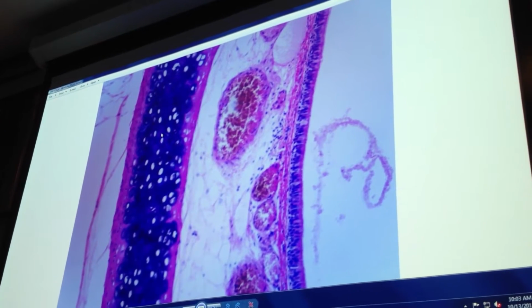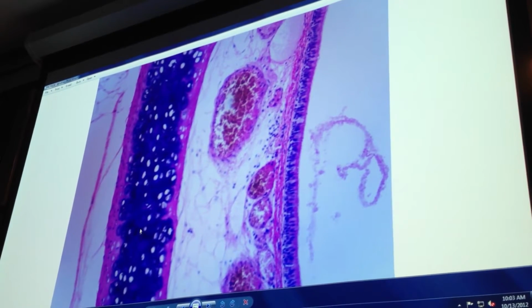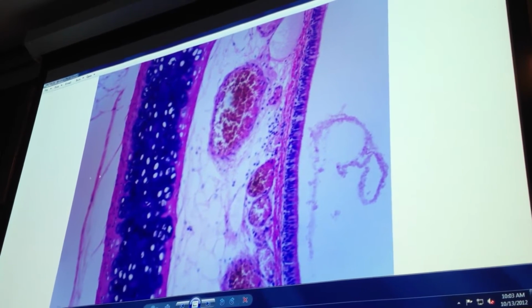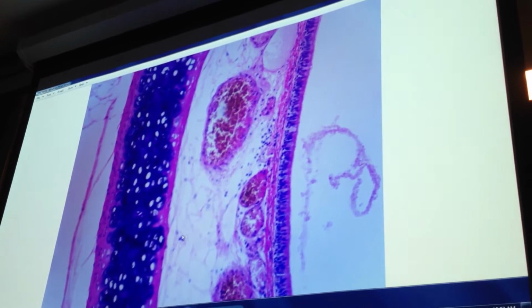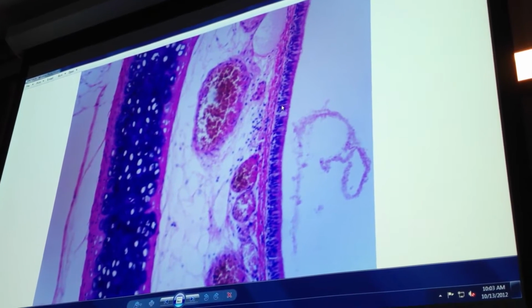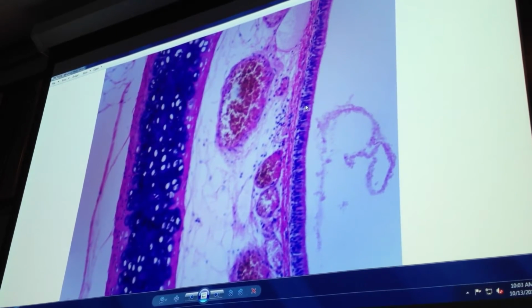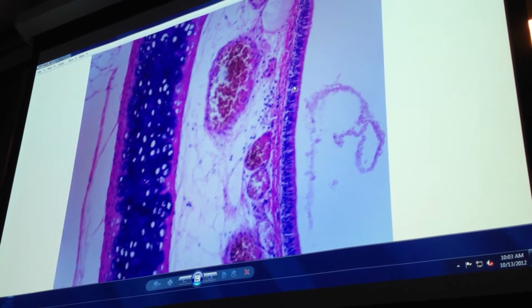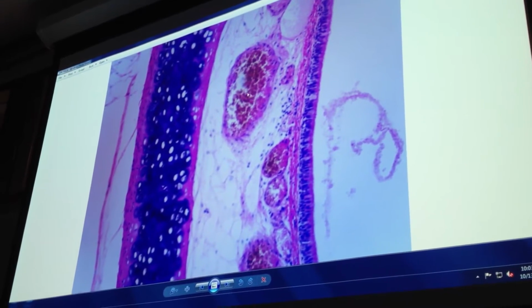It's hyaline cartilage. That's the tracheal ring. So the organ's the trachea. Now I've got higher magnification. Without getting real close, what's the epithelium there? Pseudostratified, ciliated, columnar, with blood vessels.